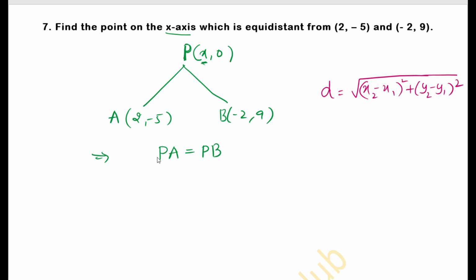Now what is PA? PA is equal to x2 minus x1. What is x2? x2 is 2, x1 is x, y2 is minus 5 and y1 is 0. Now the PA is equal to what?